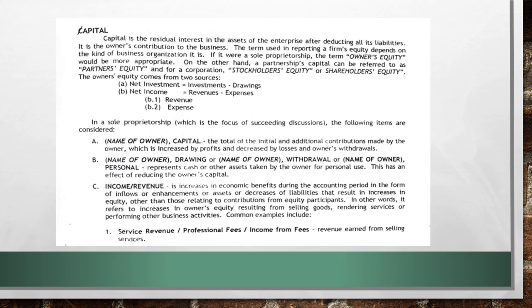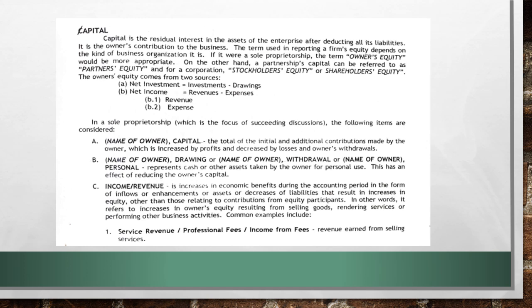Meaning, kapag magre-record ka, say for example, ang owner ay si Jean, ibig sabihin, ang ilalagay mo sa journal entry ay Jean Capital. Same with the drawing. If ever may withdrawal si Jean, meron siyang Jean drawing or Jean withdrawal.